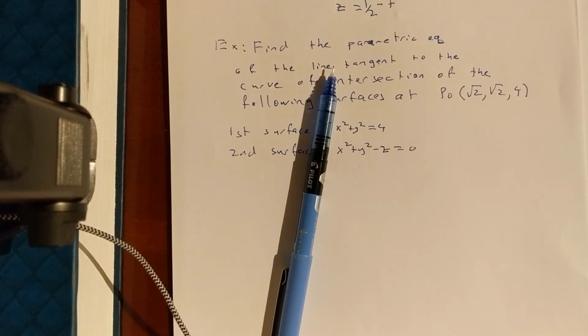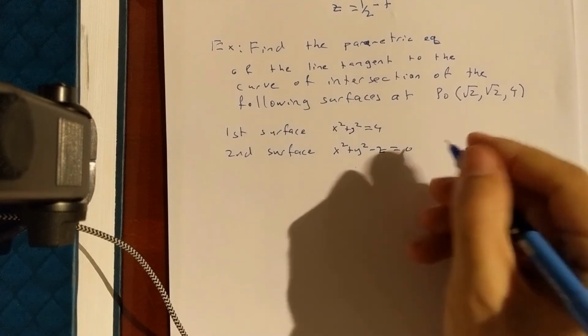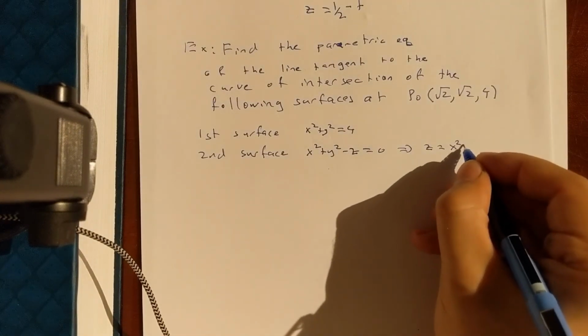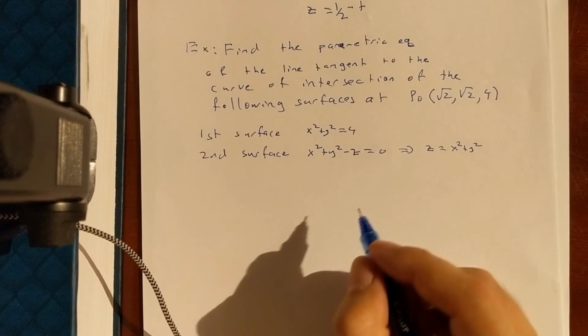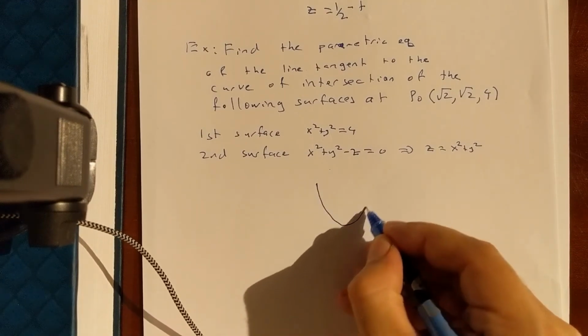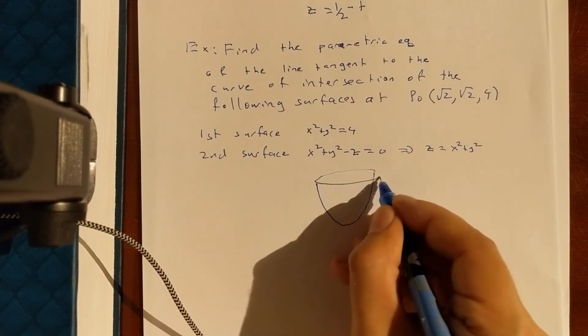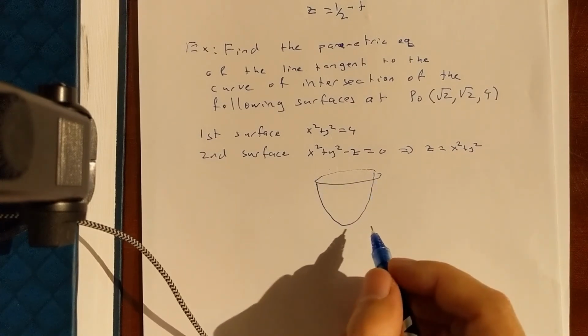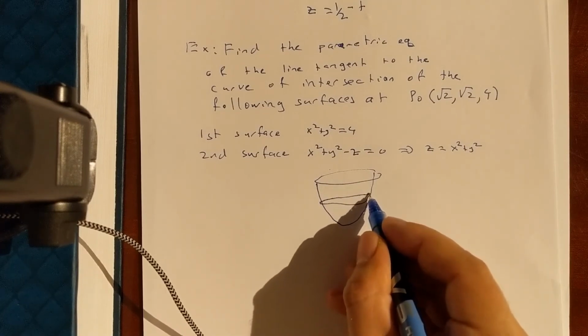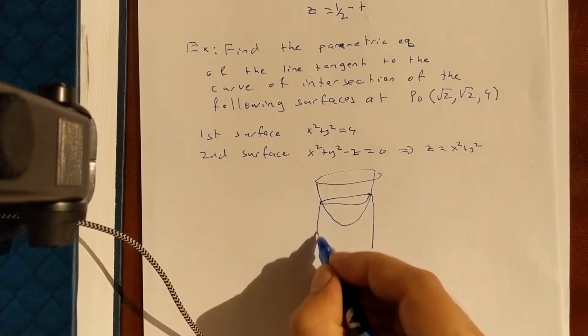A paraboloid opening upwards, because remember we saw this before, it's the same thing as z equals x squared plus y squared. So what we have here is a paraboloid like this, and it's being intersected with a cylinder like this.